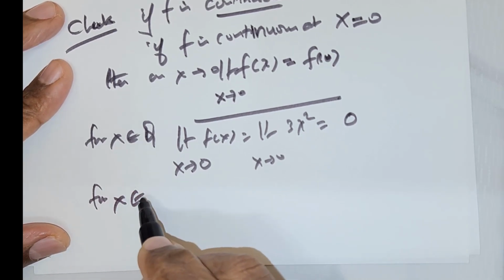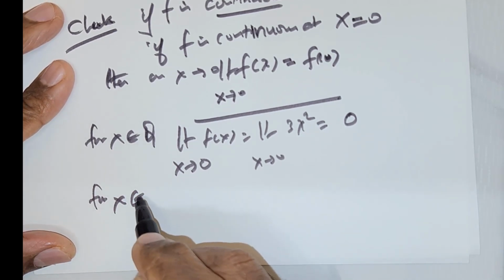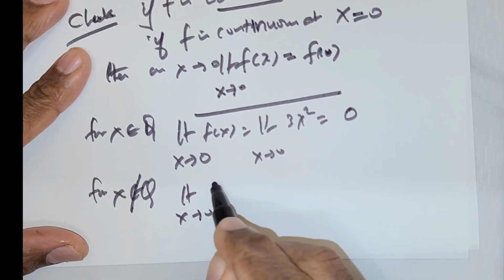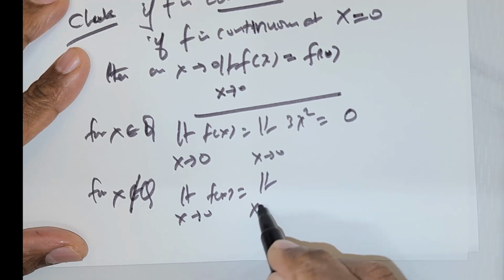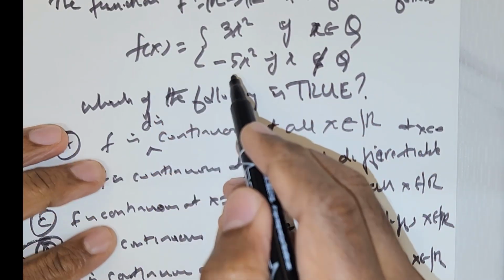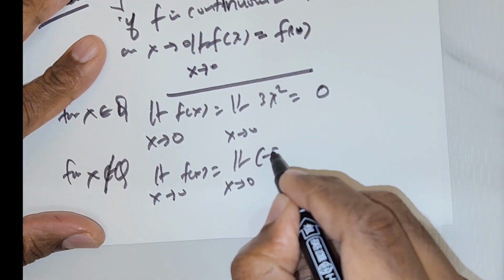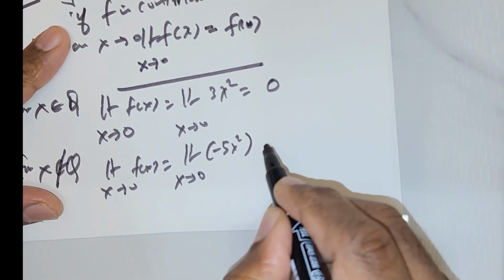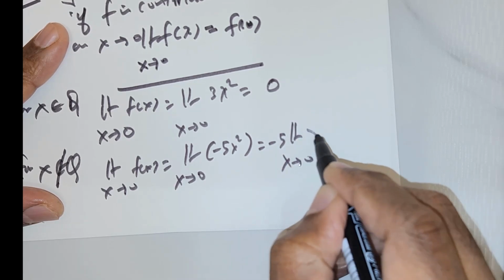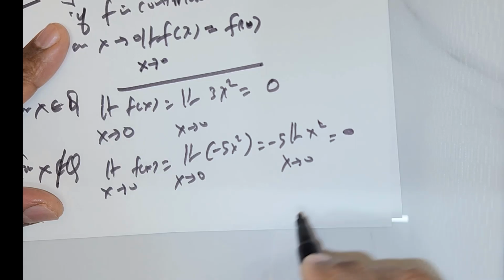Now for x not an element of Q, that means it's an irrational number. The limit as x tends to 0 of f of x is the limit of negative 5x squared, which you can rewrite as negative 5 times the limit of x squared. You apply the limits, you still get 0.